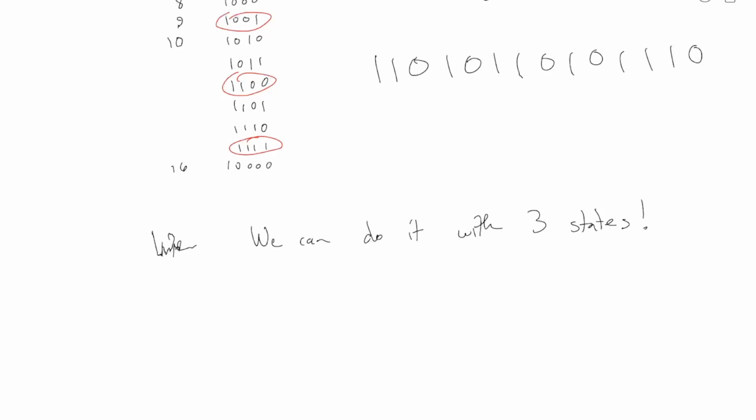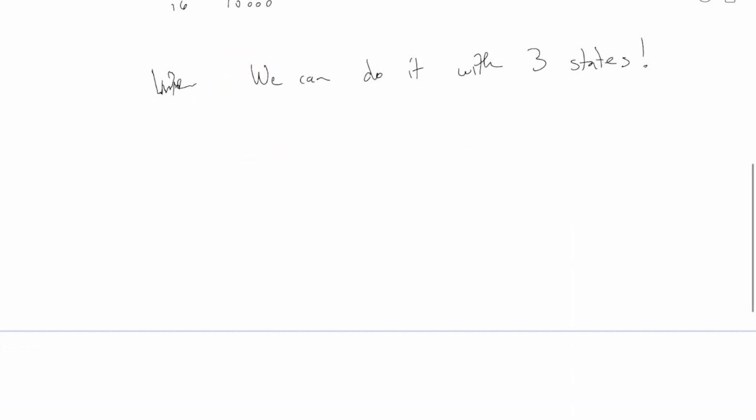Those are the 3 options in fancier terminology. The 3 states correspond to the value of this number when you go mod 3. Is it 0 mod 3, which means it's divisible, or is it 1 mod 3, or is it 2 mod 3?